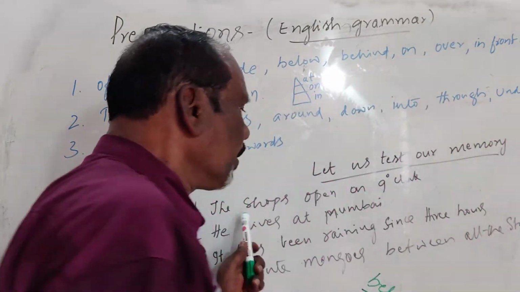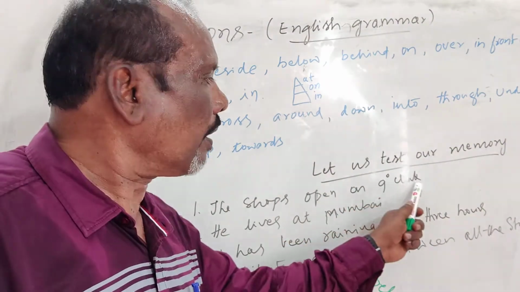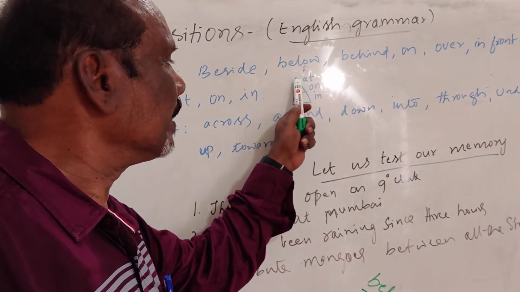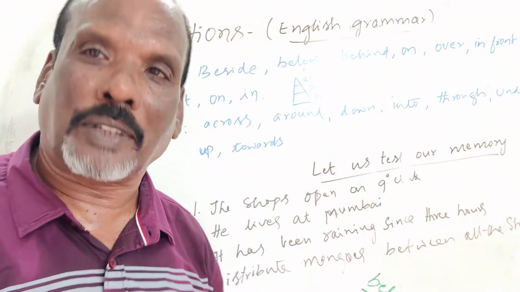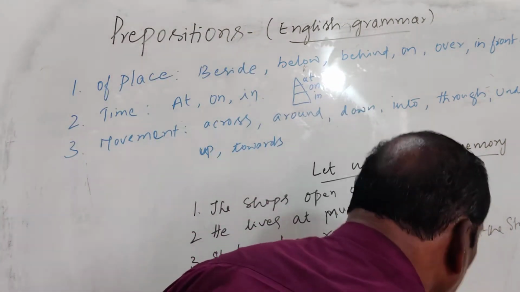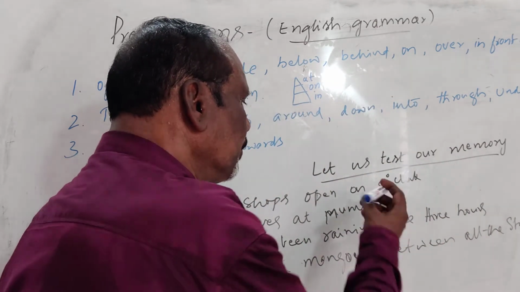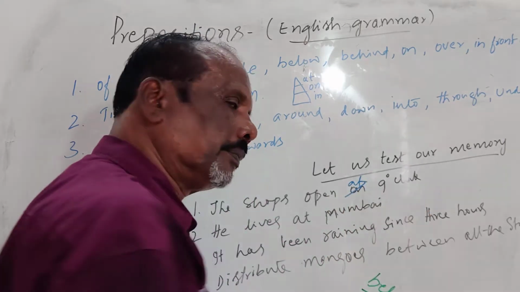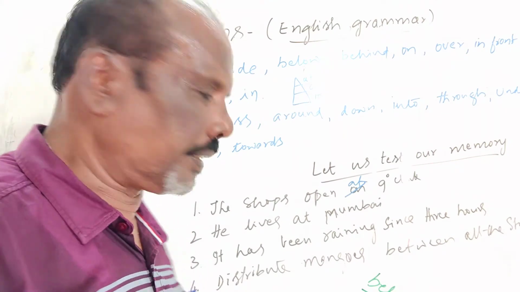The shops open on 9 o'clock. So there the question of time comes here. So the shops open, what do you have to do? Not on, at is to be used, open at. The shops open at 9 o'clock.